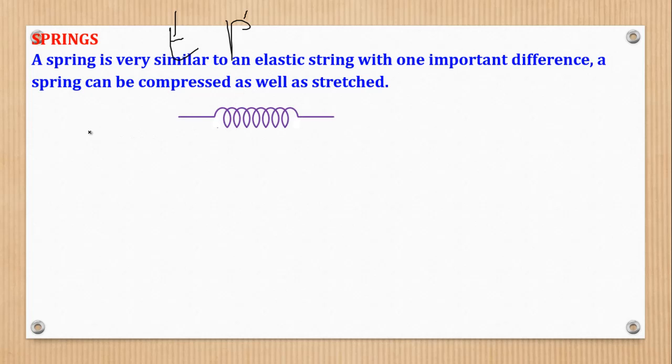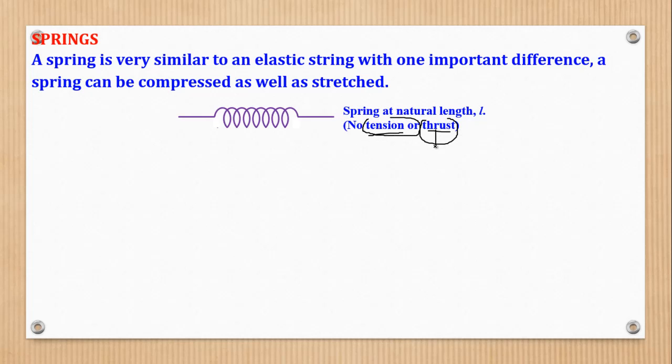So for strings, we are using just a straight line, but for springs, we have to use this symbol. Now, this is a spring at its original length, L, meaning there's no tension and there's no thrust. Now there's a new word which has appeared, thrust. We are used to what we call tension in the string. But now we bring in the word thrust.